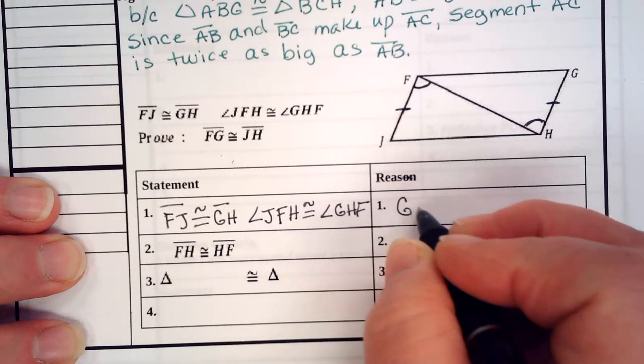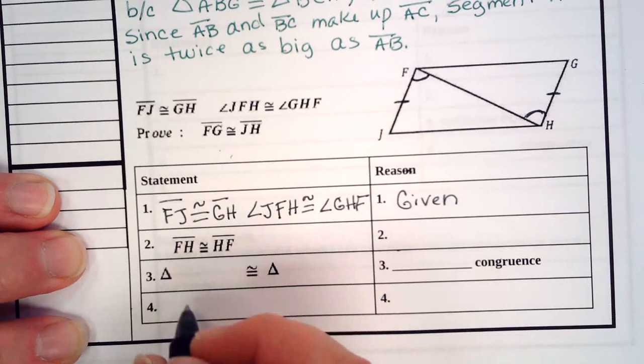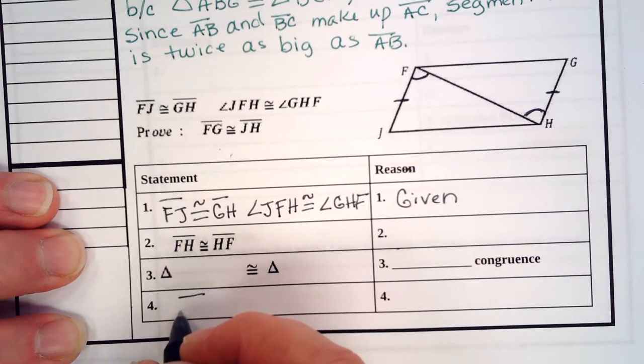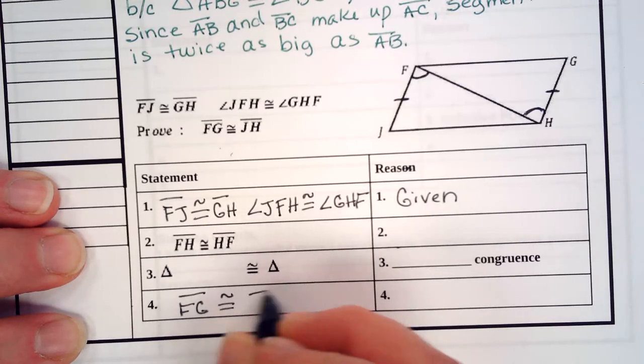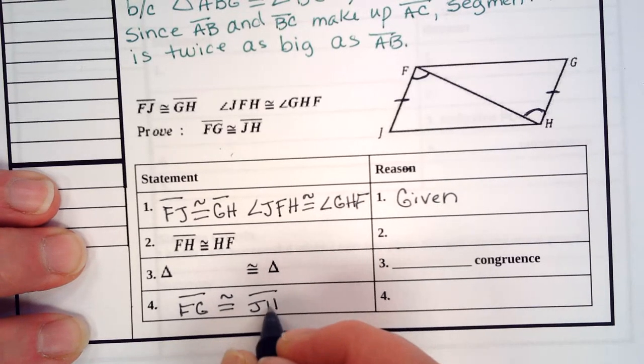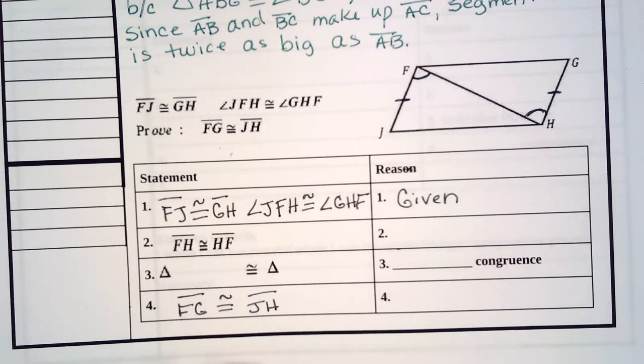And this is your given information. The last is what we want to prove: segment FG is congruent to segment JH. So we've got that much of the proof done without doing anything else. So part of this is filled in for us.